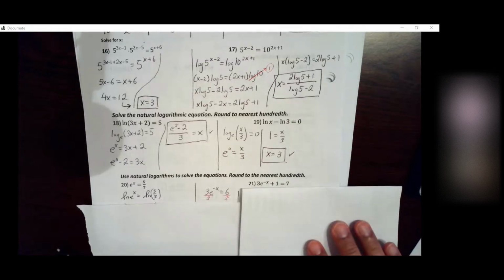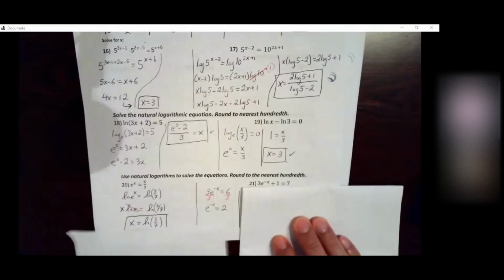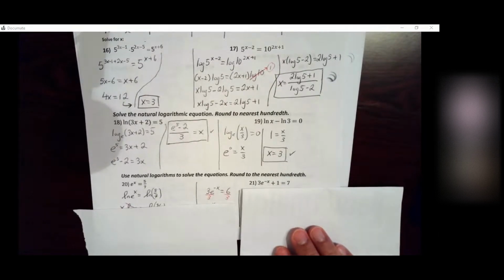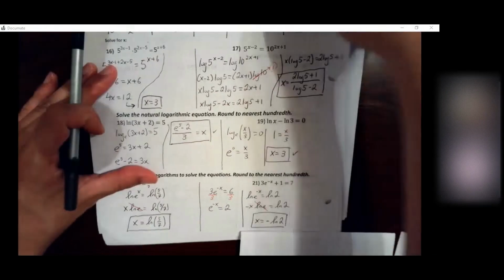No, that would be negative x equals natural log of 2, right? Yeah. And then you'd have to bring the negative over. So x equals negative ln 2. Good.